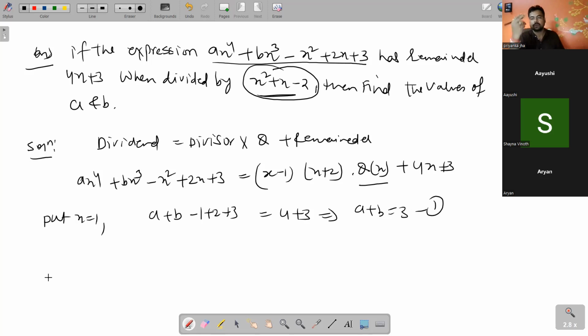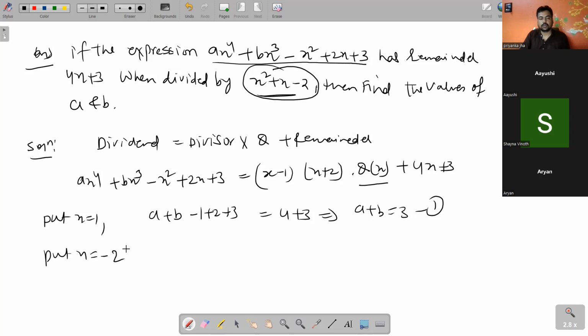Now again, you have two variables, a and b, so you need at least two equations. So put x equal to minus 2. You just have to pick a value of x in such a way that this will become 0, and 0 multiplied by this term will become 0.